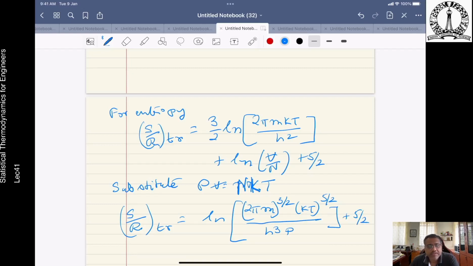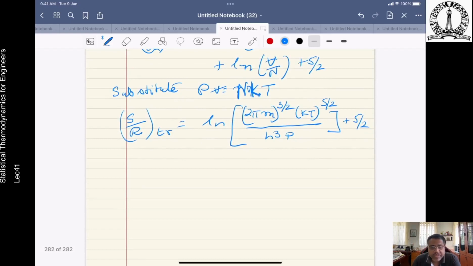This particular equation can be converted to the form we write next.